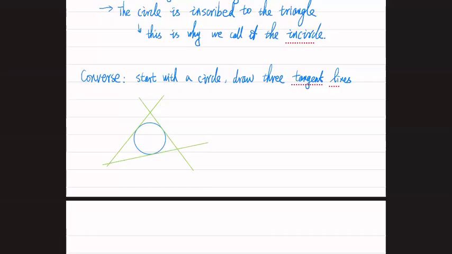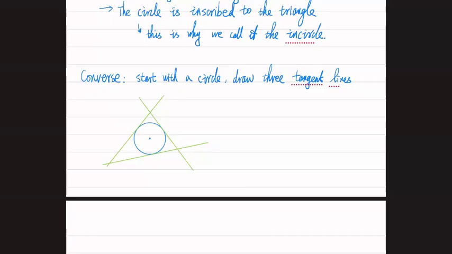So we started with a circle. Let's mark the center of the circle. Then we draw three tangent lines. You can draw your own lines, they don't have to be the same.